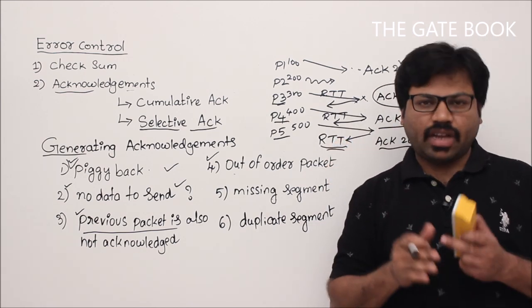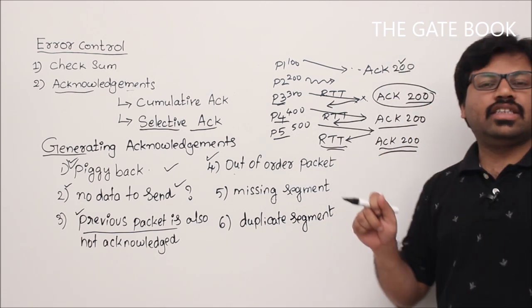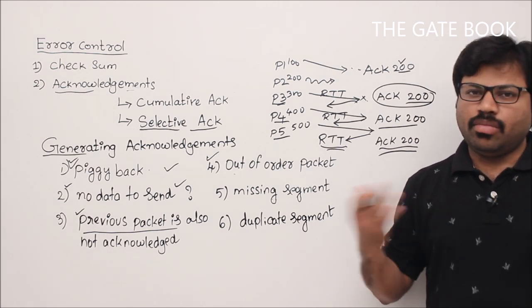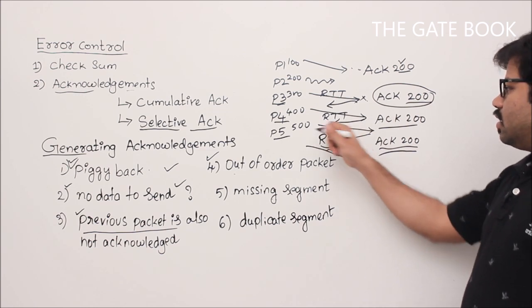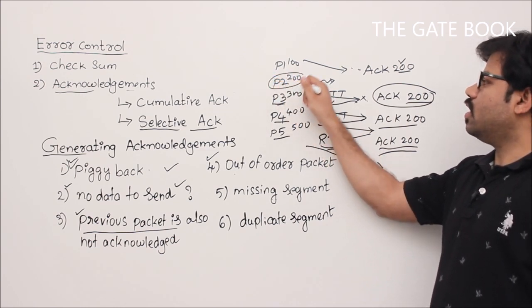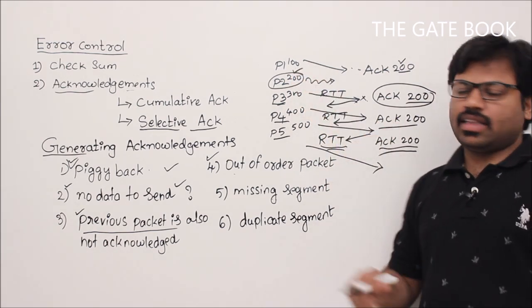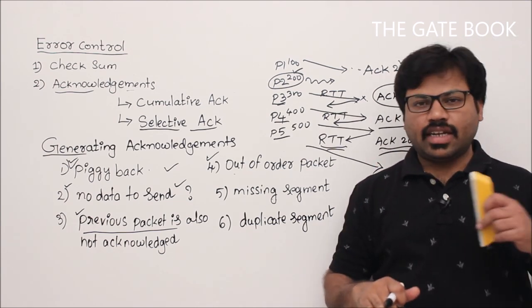After 3 round trip times, the receiver is still telling ACK 200. That means 200 is most probably missing. Then immediately the sender sends that packet first. The packet with 200 sequence number will be sent rather than the next in sequence. Understand? So that is the strategy generally your sender can follow.